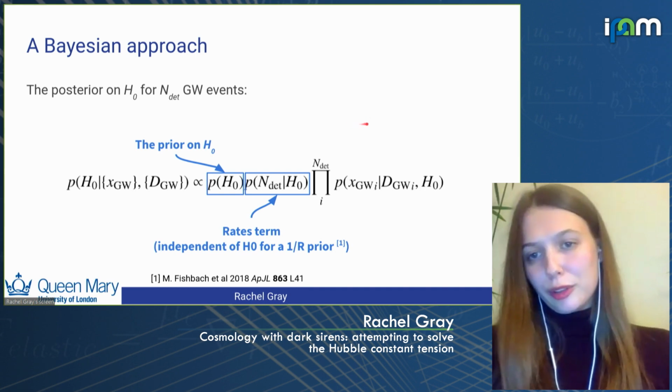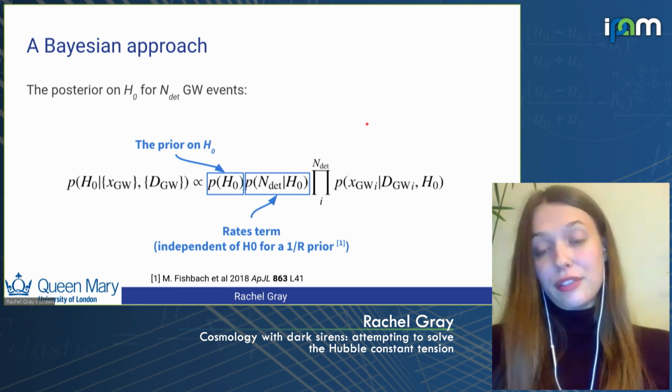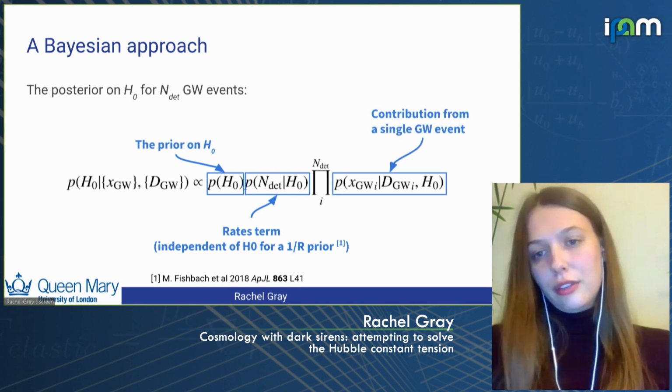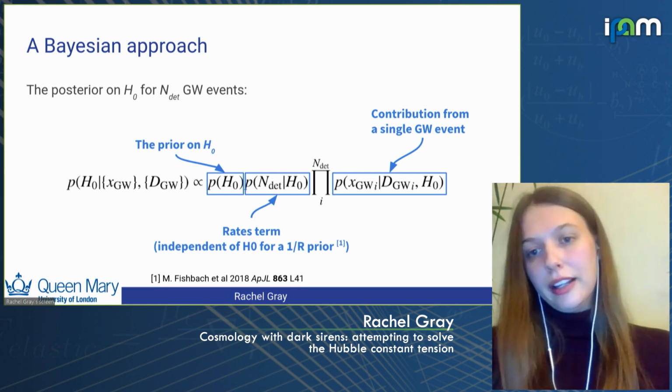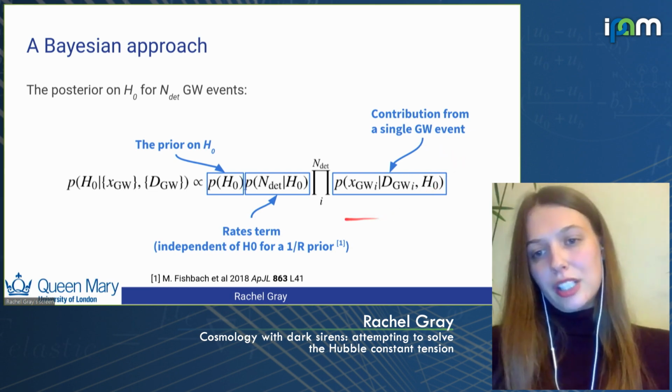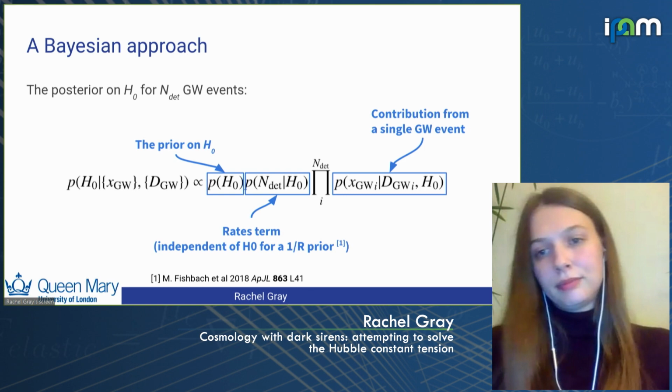So I will also be neglecting this term for the time being. And then that just leaves us with the final term, which is a product over your gravitational wave data. Essentially, you can break down the analysis into a piece-by-piece, event-by-event analysis, and then multiply the likelihoods from each event together at the end to get your posterior on the Hubble constant.